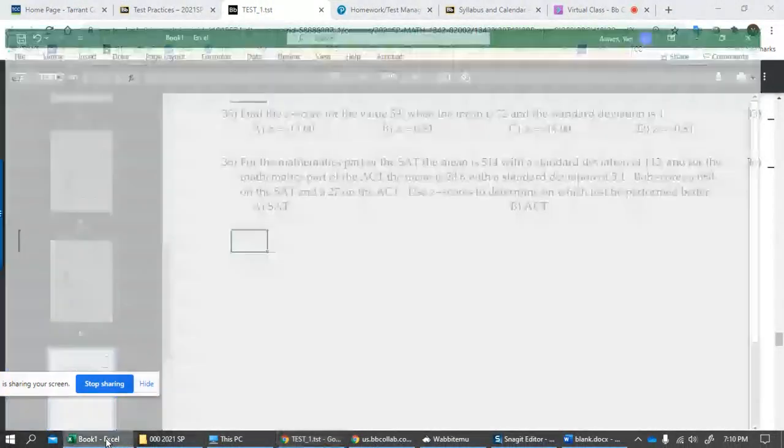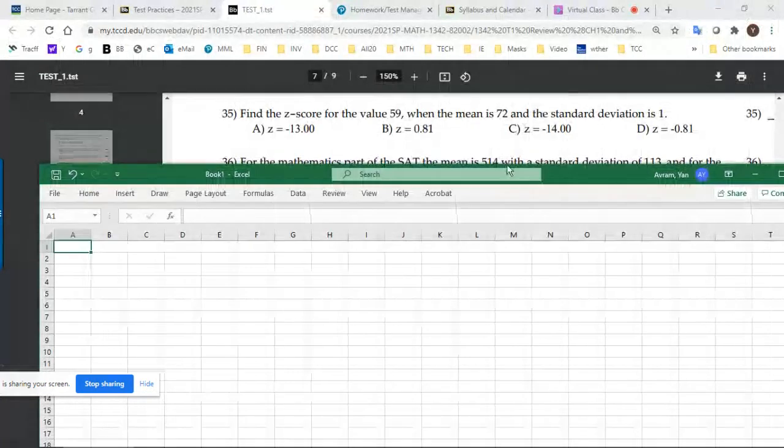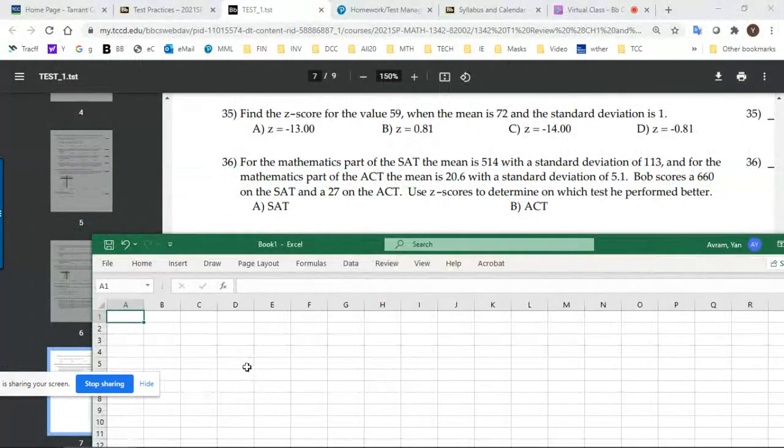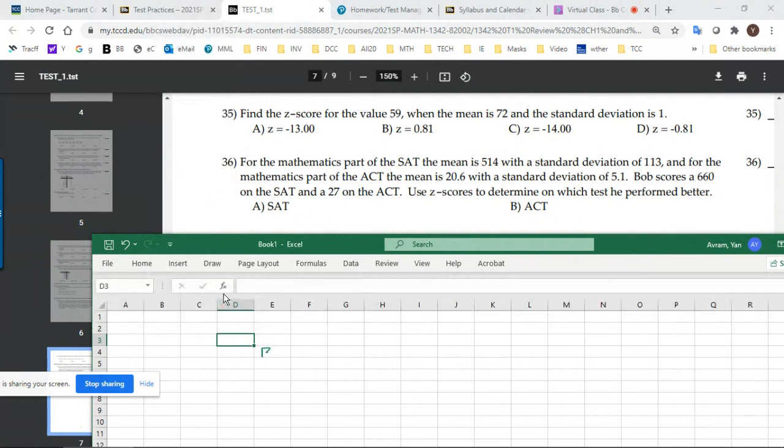We're gonna go ahead and find both z-scores. Let's find Bob's SAT first. The z-score for the SAT will be x minus mu over sigma.